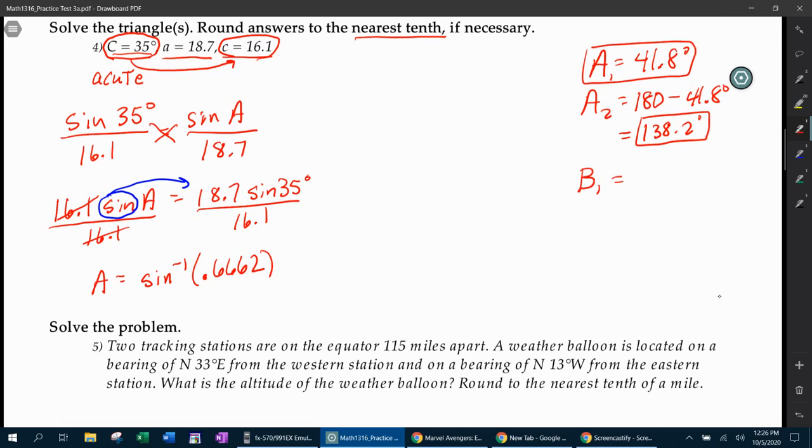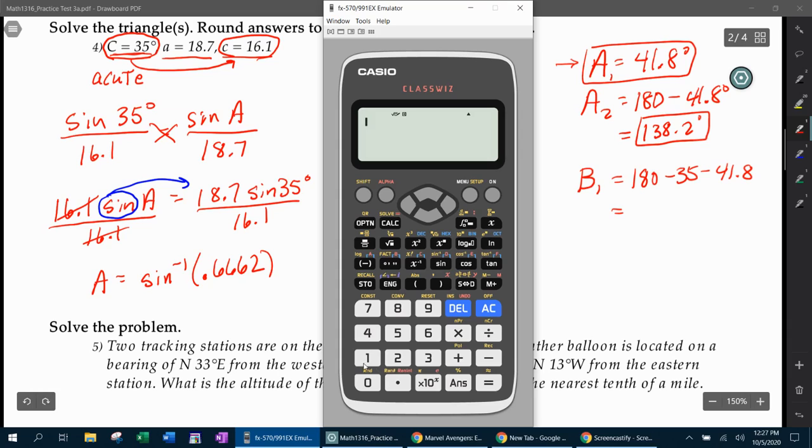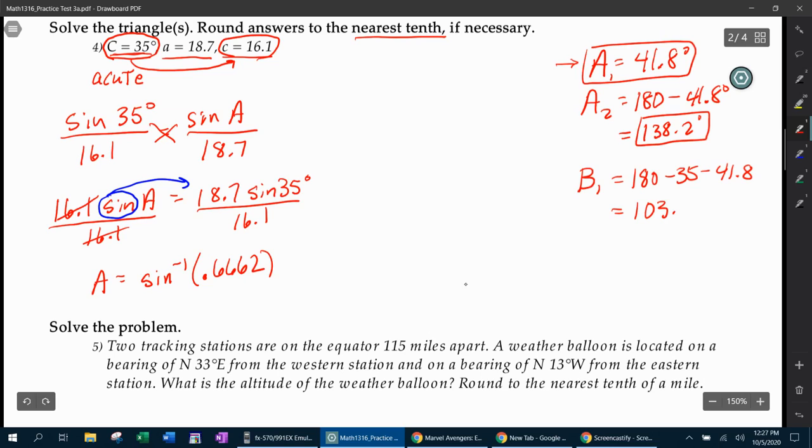We know that angle B1 would have to make 180 with angle C and A1. So this would be angle B1, 180 minus 35 minus 41.8. And as a decimal, 103.2. So there's B1.